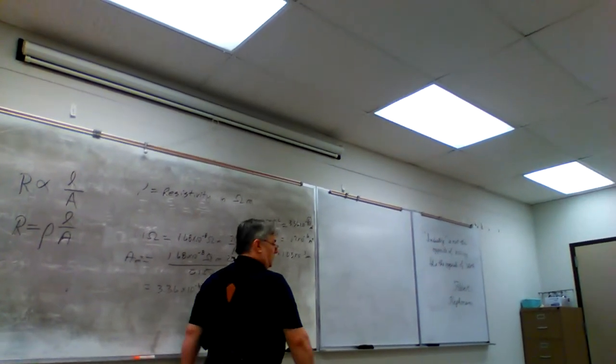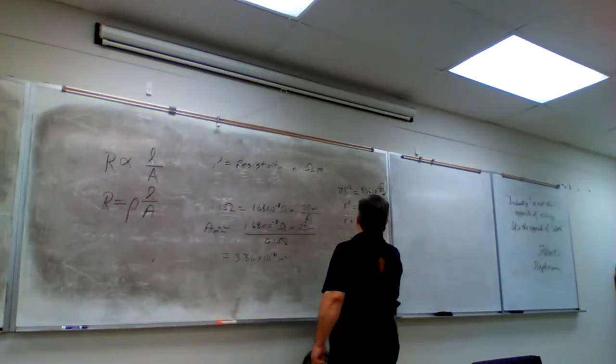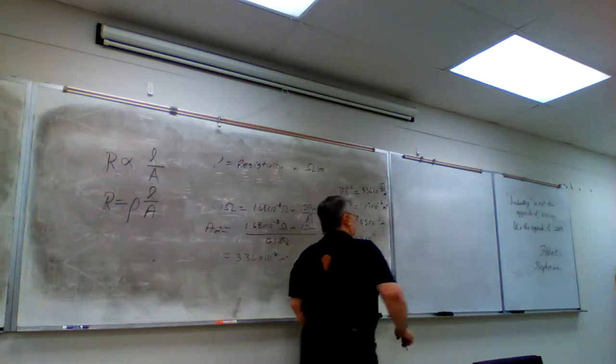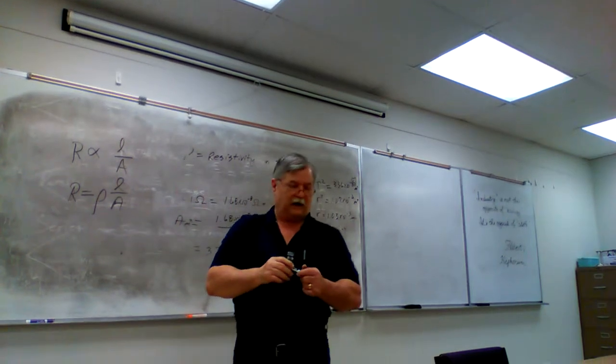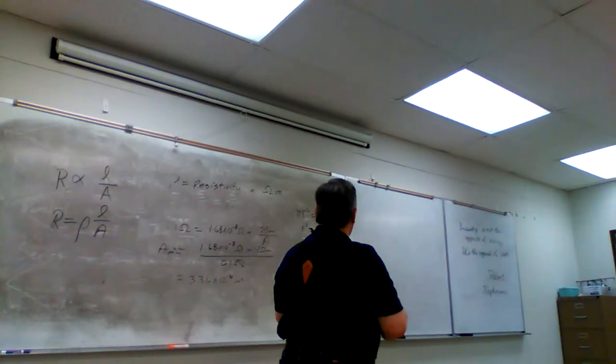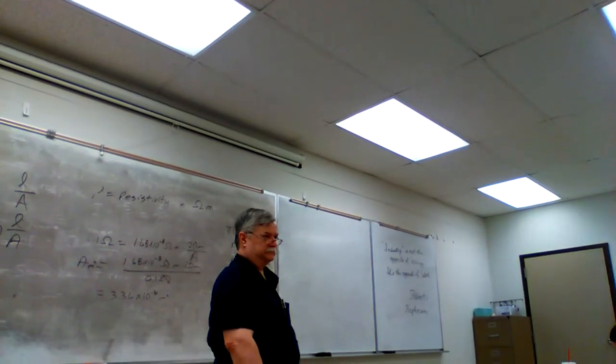And double that to get the diameter. We end up with 2.06 times 10 to the minus 3 meters as our diameter of copper wire that we need, or basically 2 millimeters thick.